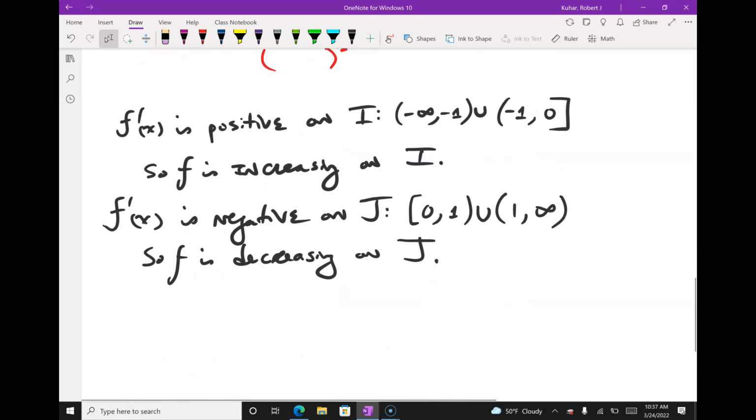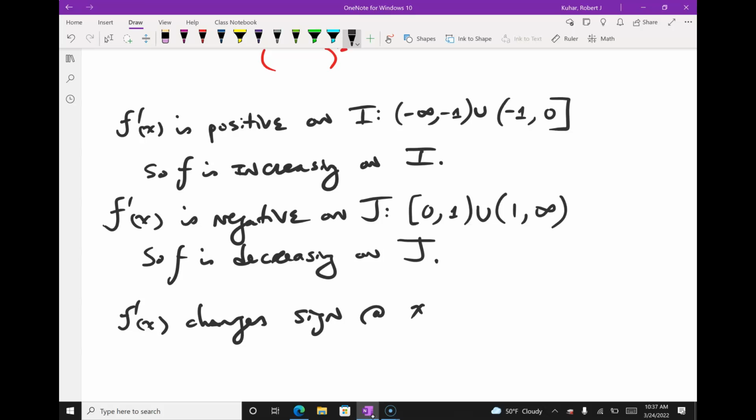F prime of x changes signs at x equals 0, and f of 0, which is 0 squared over 0 squared minus 1 equals 0, exists. It's a real number. That's what I need it to do, right?